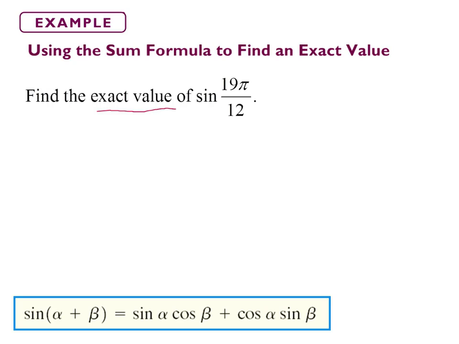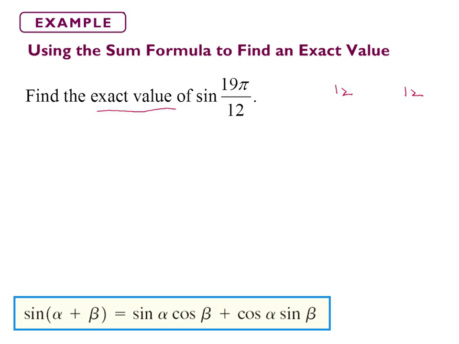Okay, two people writing. Find the reference angle? No. Yeah, I'm going to split 19 pi over 12 into different angles. Exactly. So basically the best way to do this that I can figure out is, they're all going to be denominator 12, right?